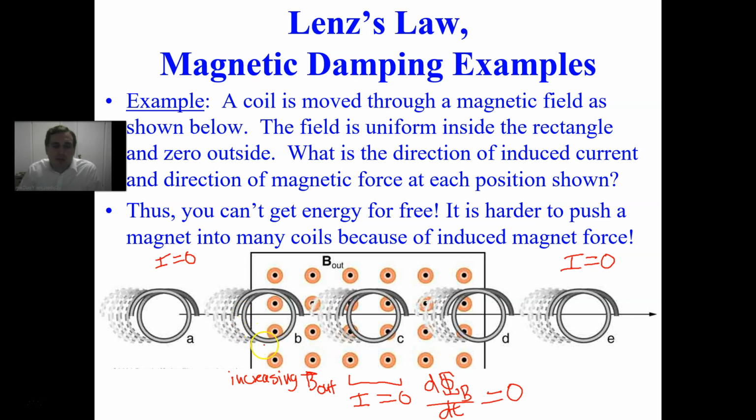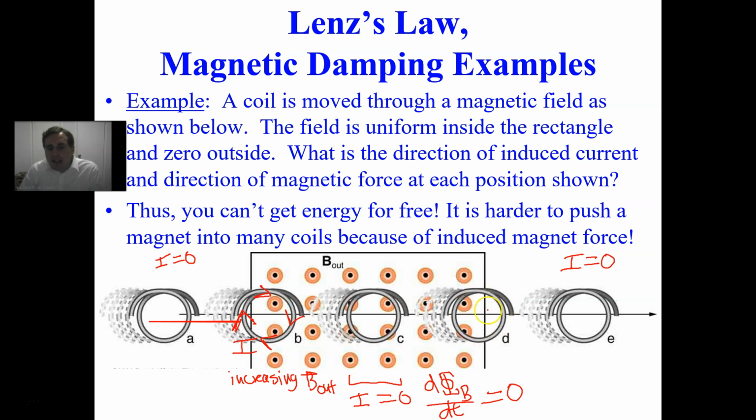So it's going to produce its own electric current that resists the change. That is, it's going to have electric current that has magnetic field going into the page, not out of the page. So I think the current is going to run clockwise, something like so. This is the direction of the electric current.